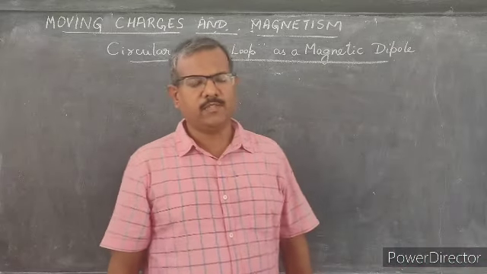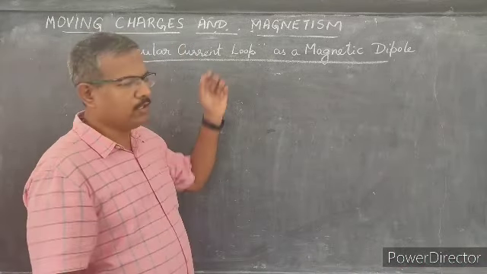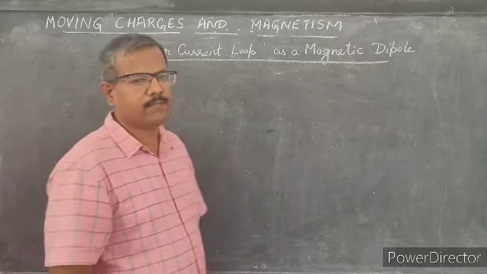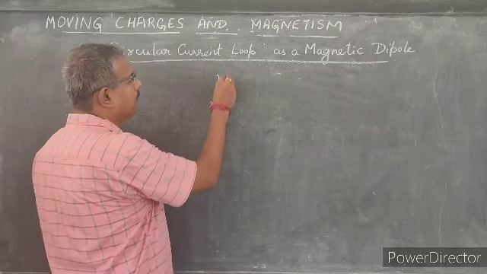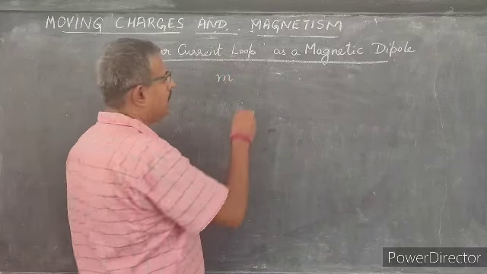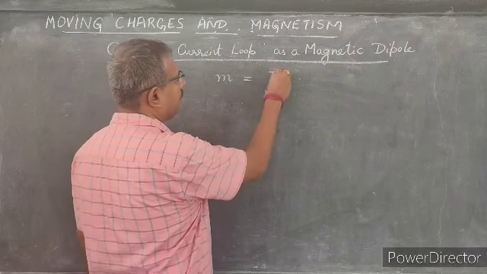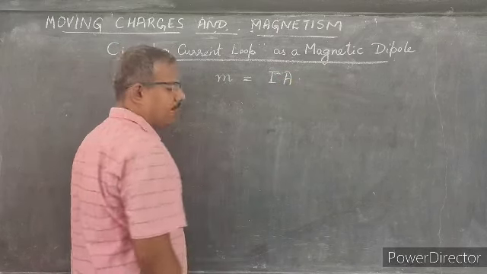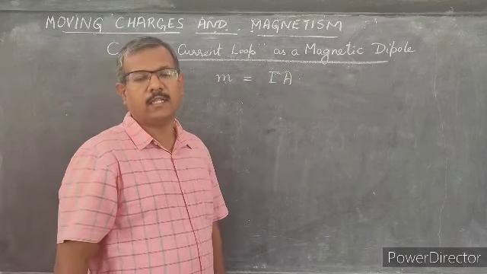So essentially we have seen that a circular current loop behaves as a magnetic dipole m, which is the product of current and the area of the circular loop.